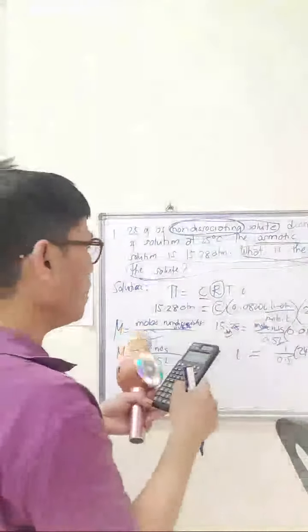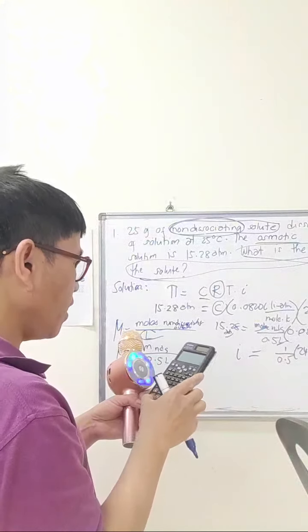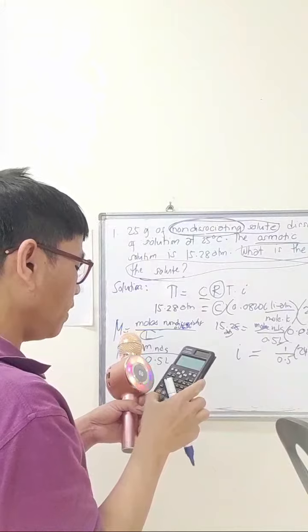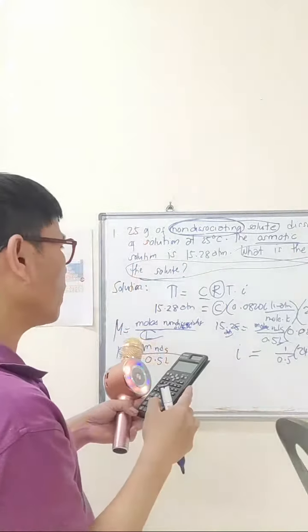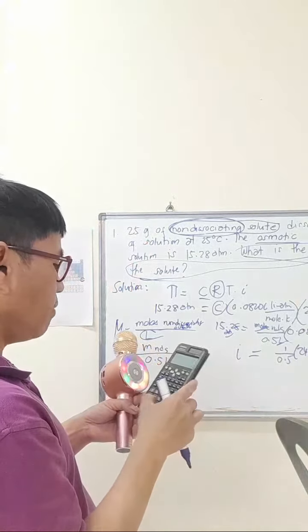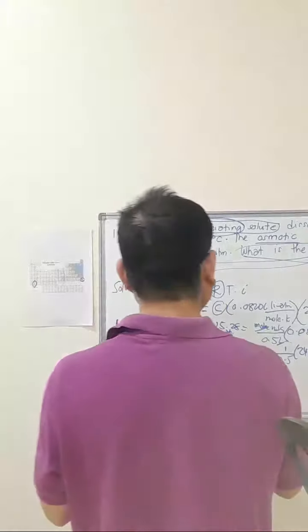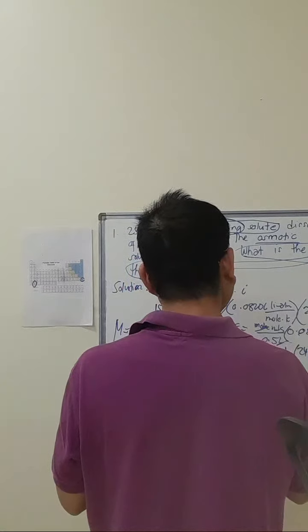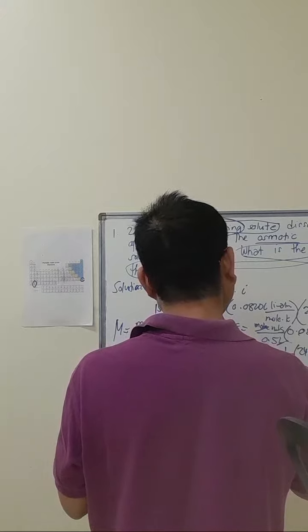So it's going to be 0.5 times 15.28, divided by 24.45, is equal to 0.312. That is our i. See, 0.312. Okay, it's less than 1.